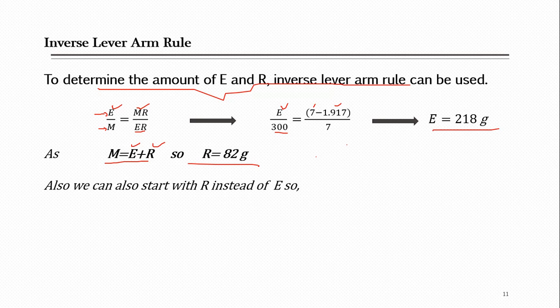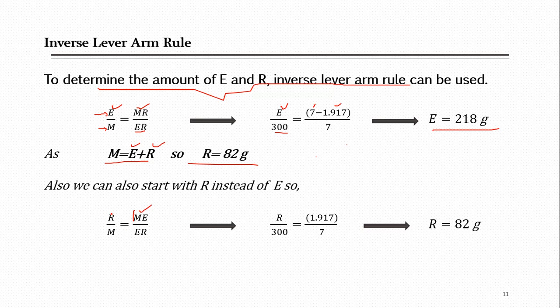We can also calculate R instead of E by using this inverse lever-arm rule. So just look at this here. If I am looking for R, it will be R over M. Now R is located on the right side, so we have to take the distance of the left side, and that is ME.